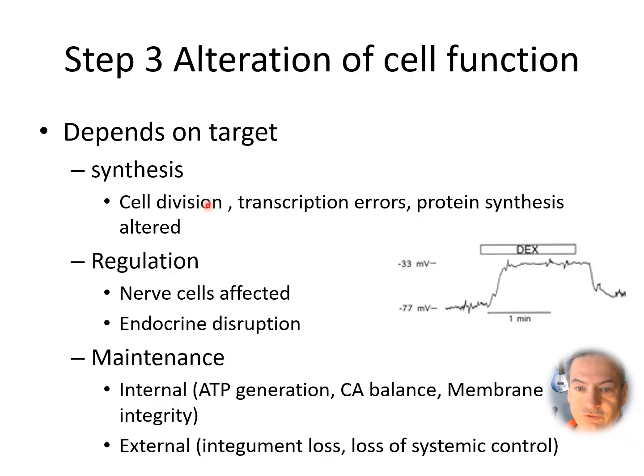You also can have transcription errors where effectively you are not able to make a good transcription, make your mRNA correctly, as well as issues with translation and protein synthesis directly. So just think of the DNA and protein synthesis as being very negatively affected, which is of course going to lead to cell dysfunction. You also can have failures in regulation.